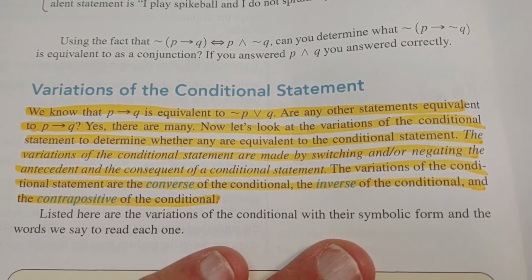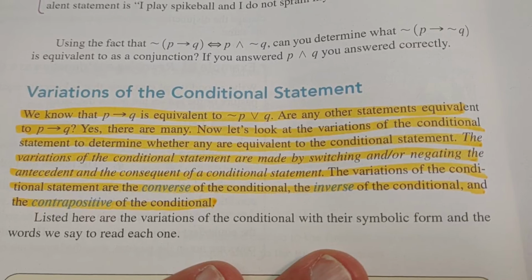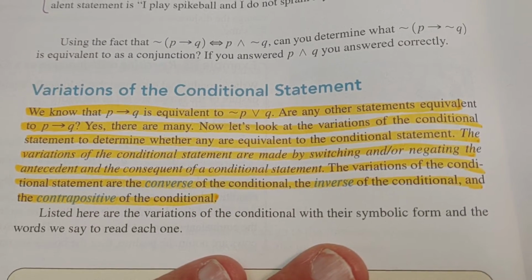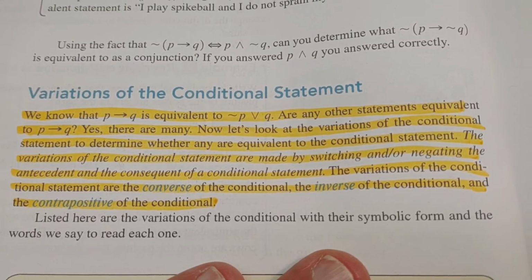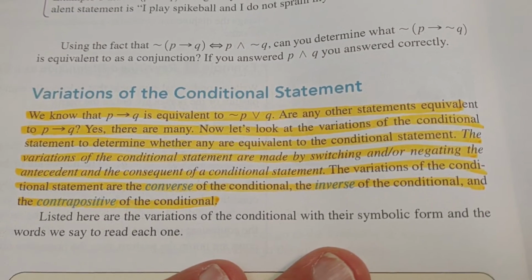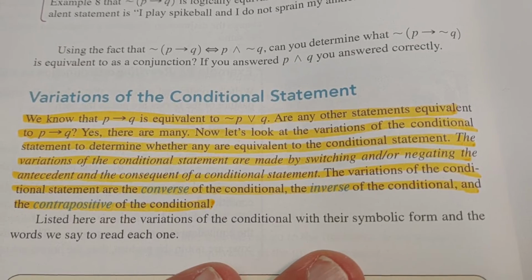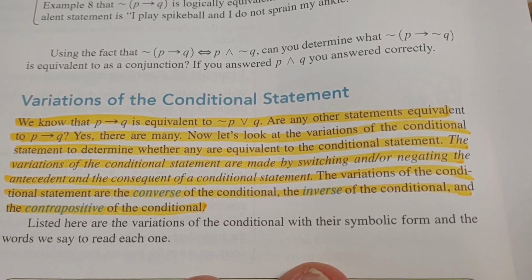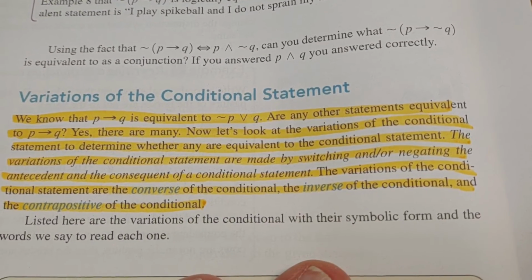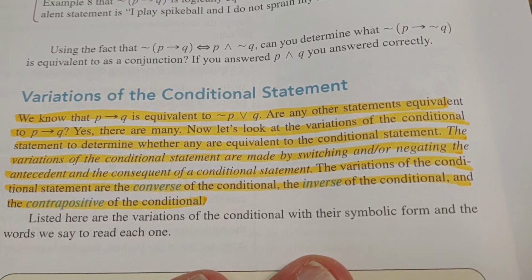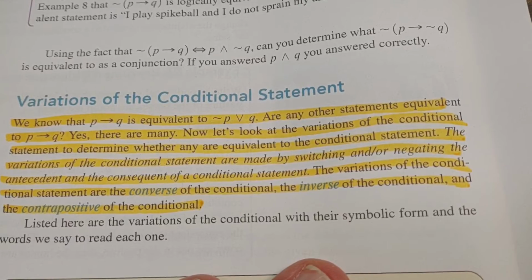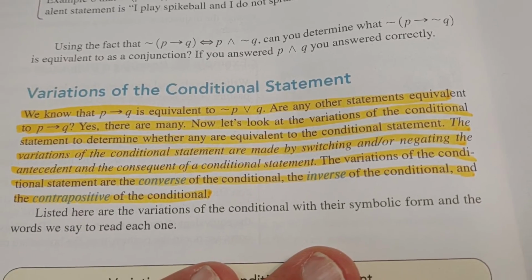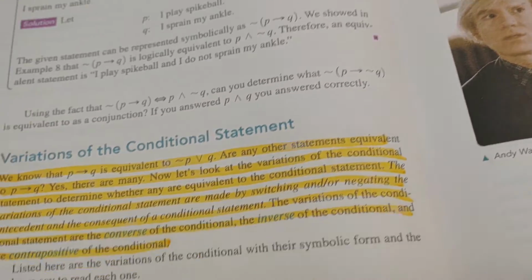The variations of the conditional statement are made by switching and negating the antecedent and the consequent of the conditional statement. The variations are the converse of the conditional, the inverse of the conditional, and the contrapositive of the conditional.